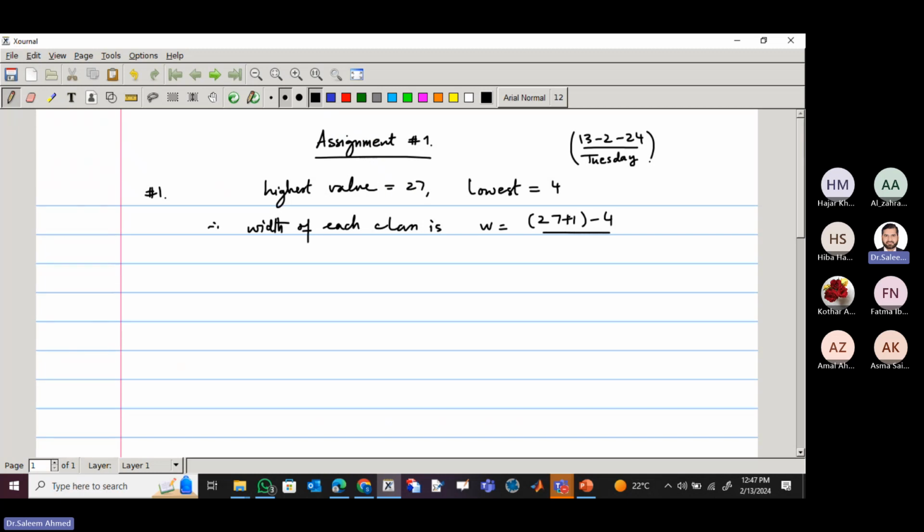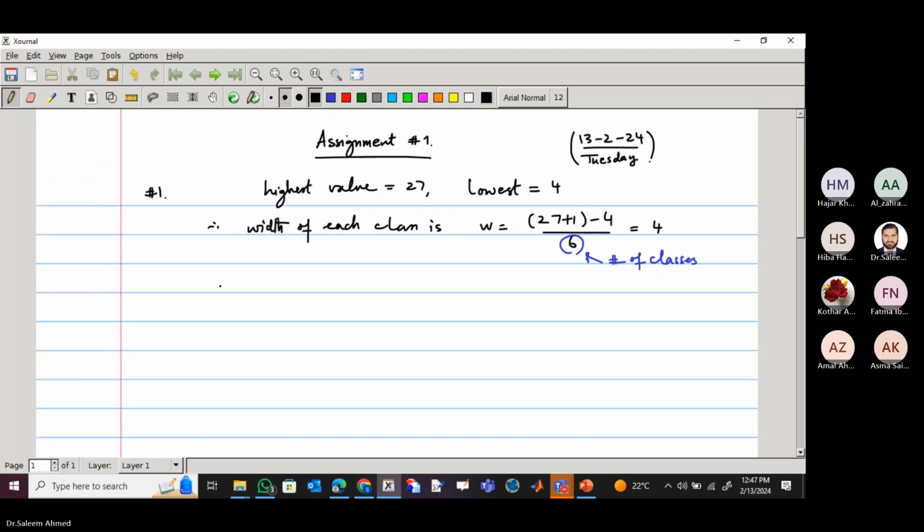It is not plus 1, it is plus 1 unit, because all my numbers are whole numbers, that's why my unit is 1. So that becomes 4. And 6 is the number of total class intervals or classes.